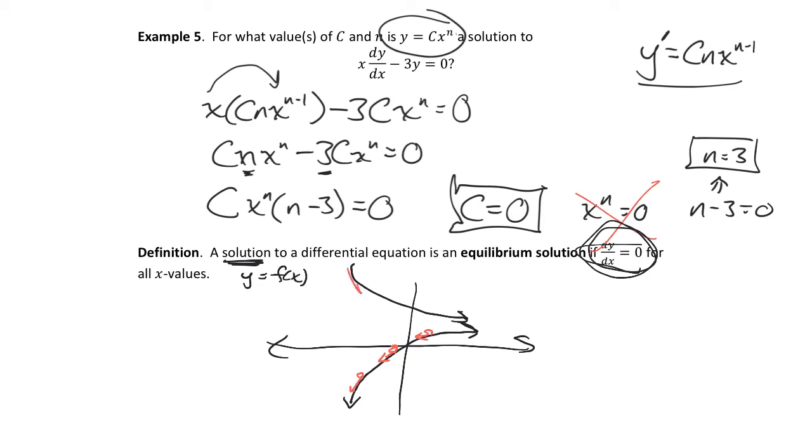No, because there are tangent lines that are non-horizontal. In order for a derivative to be 0, the tangent lines have to be horizontal. So this is a potential function that could be an equilibrium solution because the derivative of y with respect to x is 0. The line has a slope of 0. When we're looking for equilibrium solutions, we're looking to see when the derivative is 0.